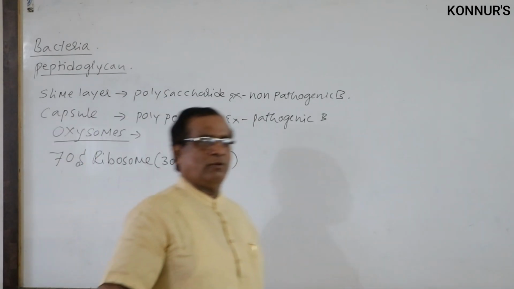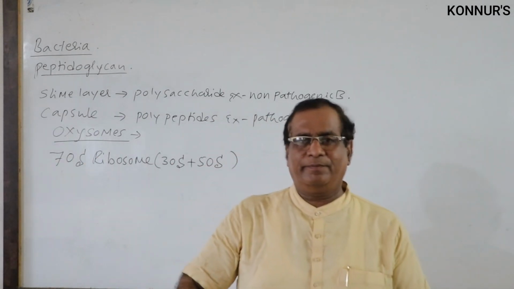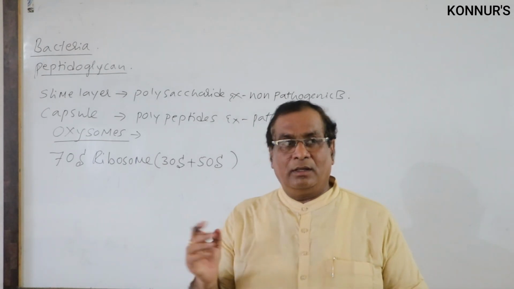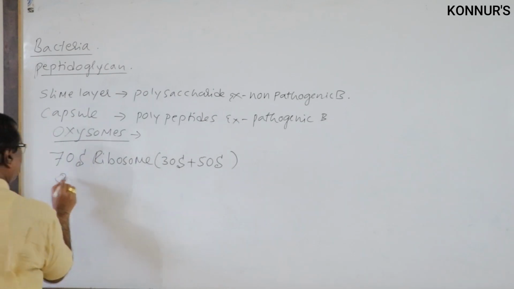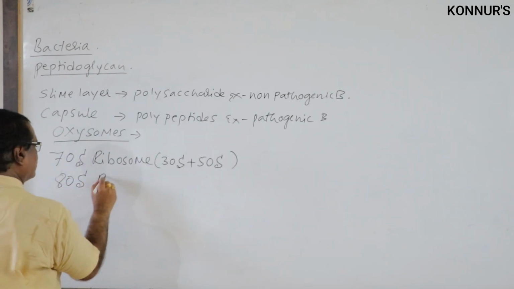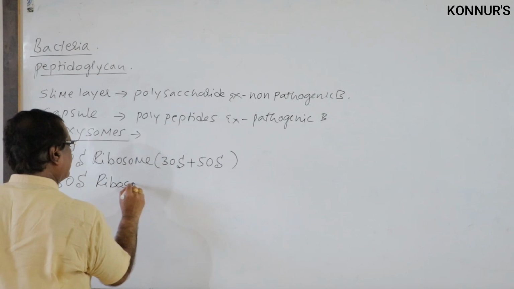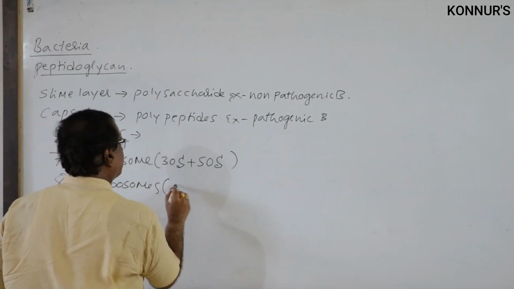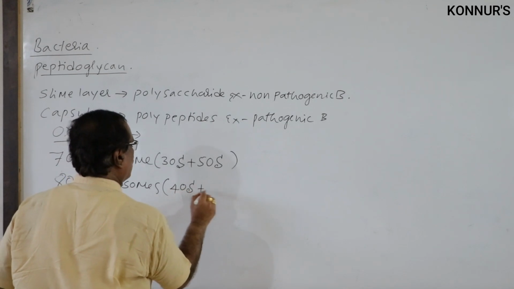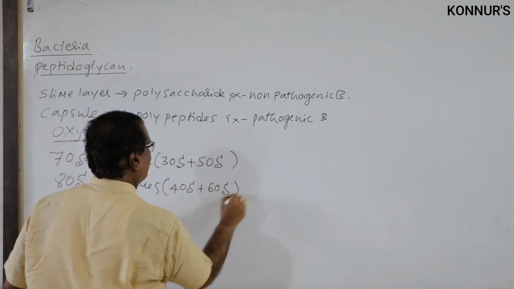That S stands for Svedberg unit. But in eukaryotic cells, there are 80S ribosomes. The smaller unit is 40S and the larger is 60S.